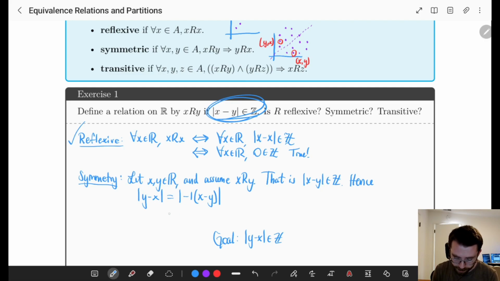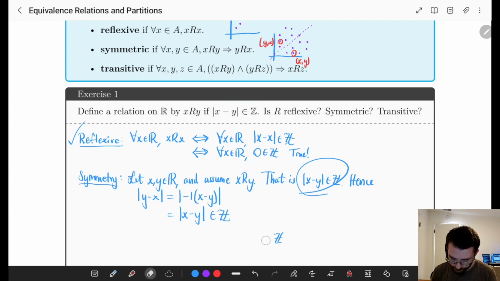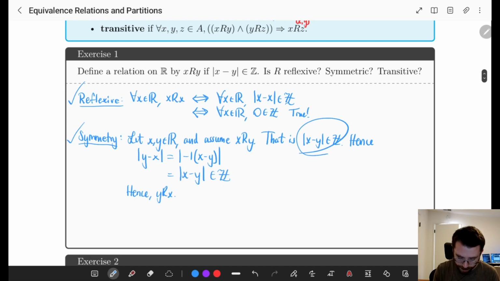But I have a negative 1 inside an absolute value, so that can just go away. It becomes positive 1. And I'm left with the absolute value of x minus y, which I know is an integer. That's exactly my assumption here. So, ta-da. In total, this is saying y minus x in absolute value is an integer. Therefore, y is related to x. So check, it's symmetric.